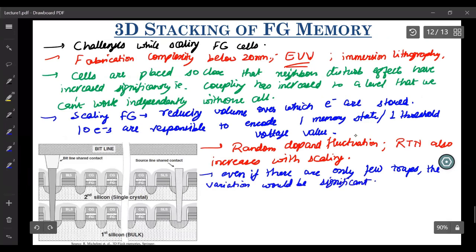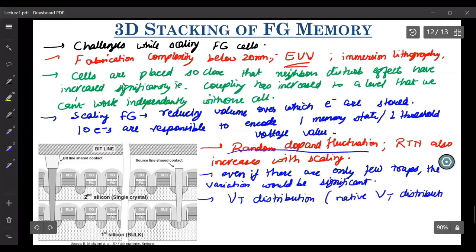And this RDF also leads to a variation in the threshold voltage. So the VT distribution, and I'll call this the native VT distribution, or the virgin VT distribution, so as to distinguish this from the erase or program VT distribution. So even the native VT distribution is very spread.